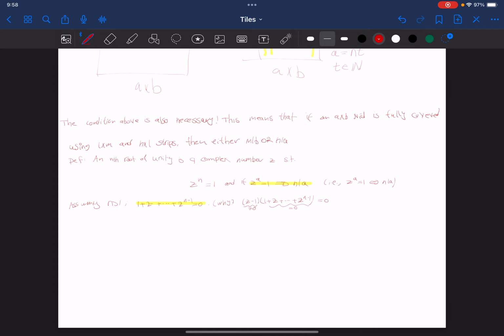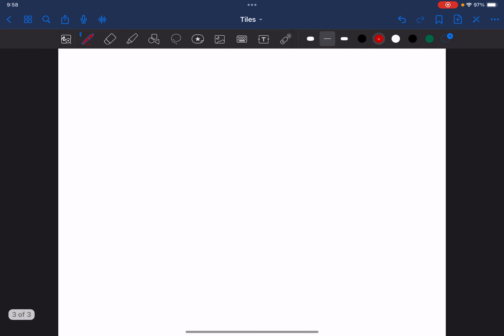Let's go back to the grid we had again. This is an A by B grid, so it has A rows and B columns, and we have A times B squares here.